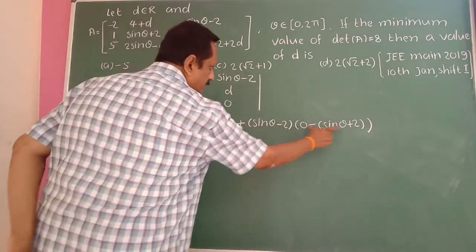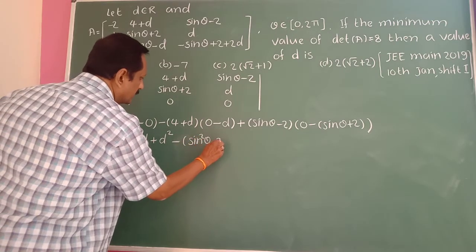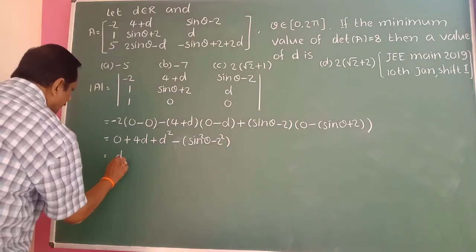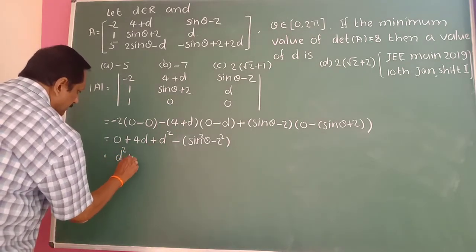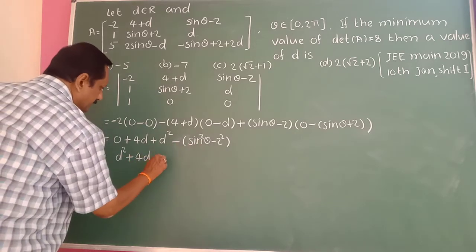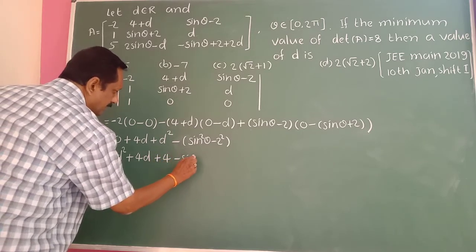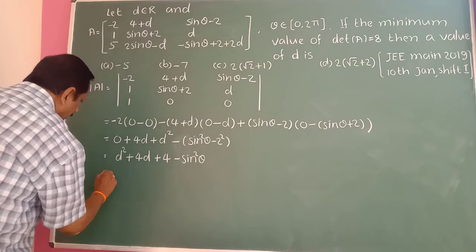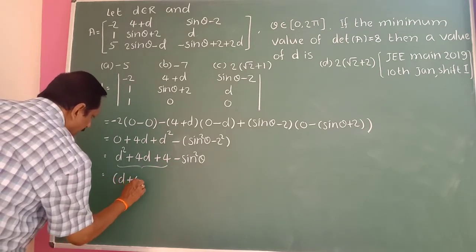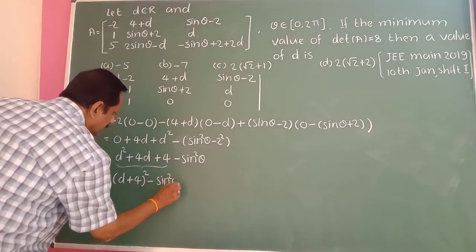Sin theta minus 2 into sin theta plus 2 becomes sin square theta minus of 2 square. Therefore this is equal to d square plus 4d. Take a minus inside. Minus into minus plus 2 square is 4 minus of sin square theta. Then d square plus 4d plus 4 becomes d plus 4 whole square, d plus 4 whole square minus of sin square theta.